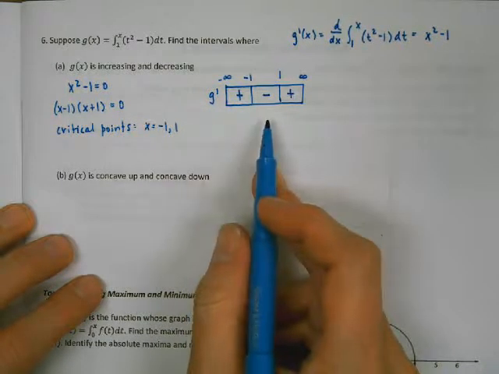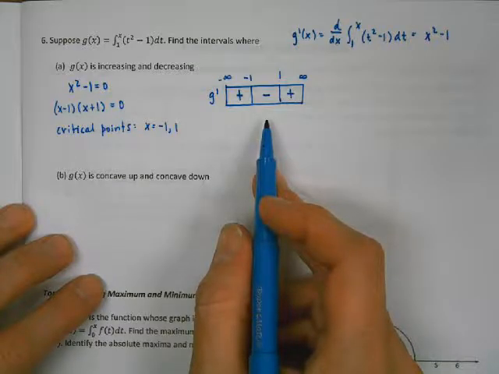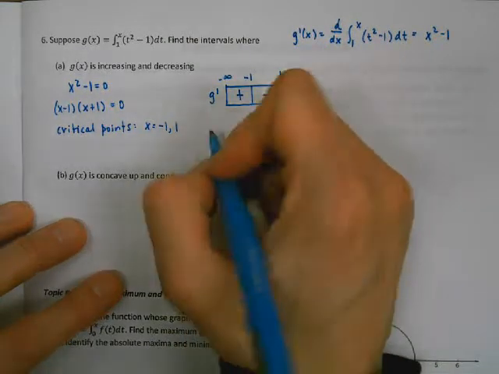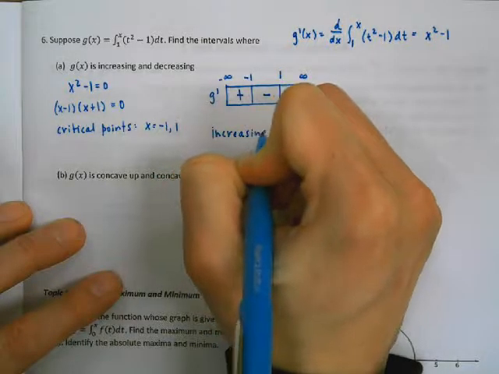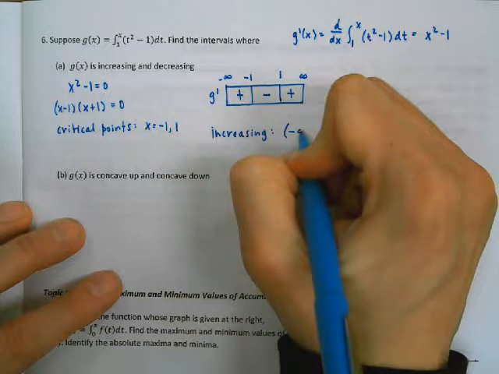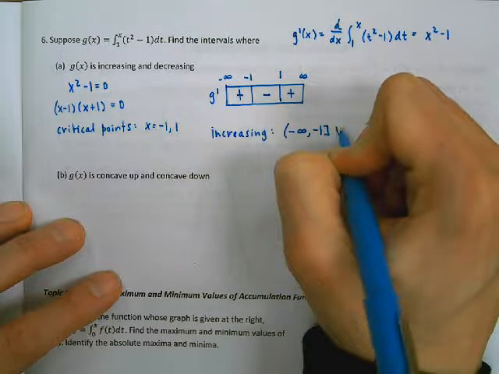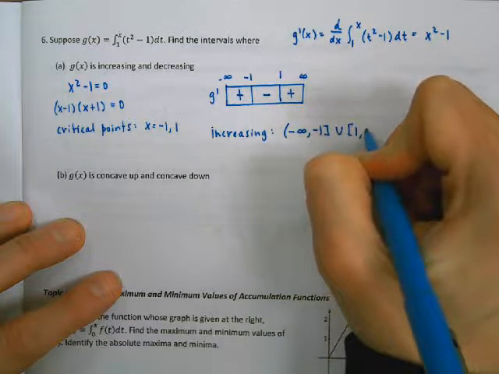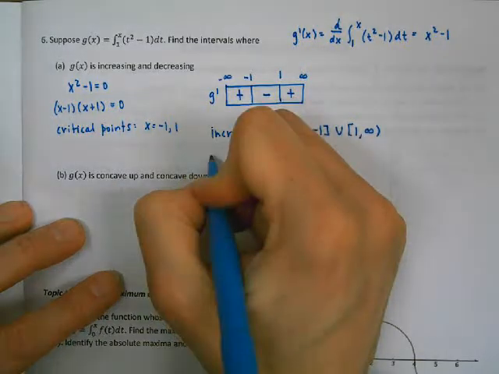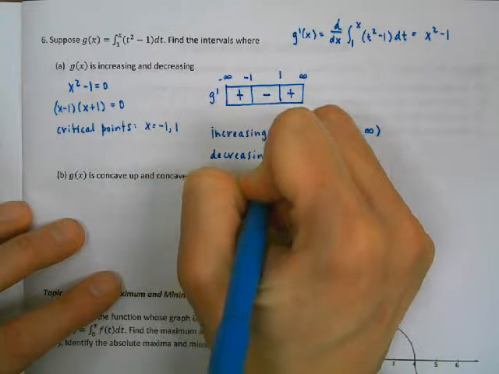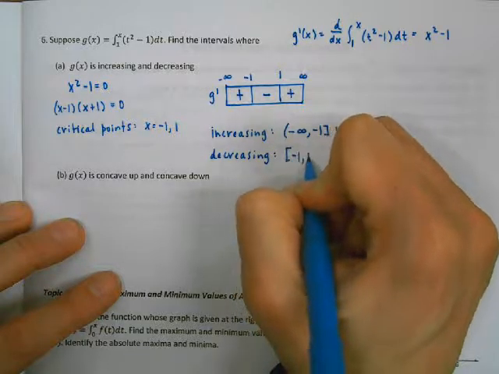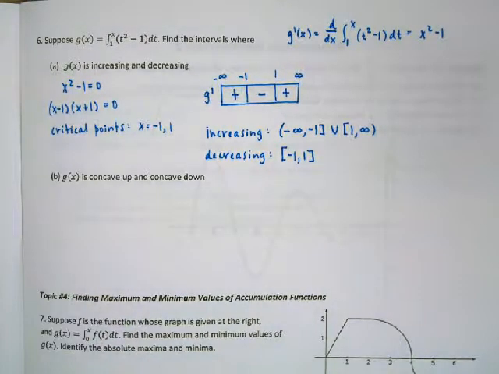And so now we just use our table, this is more like what we're used to doing, to find our intervals. So I'm going to be increasing from negative infinity to negative 1, and 1 to infinity, and decreasing from negative 1 to 1.